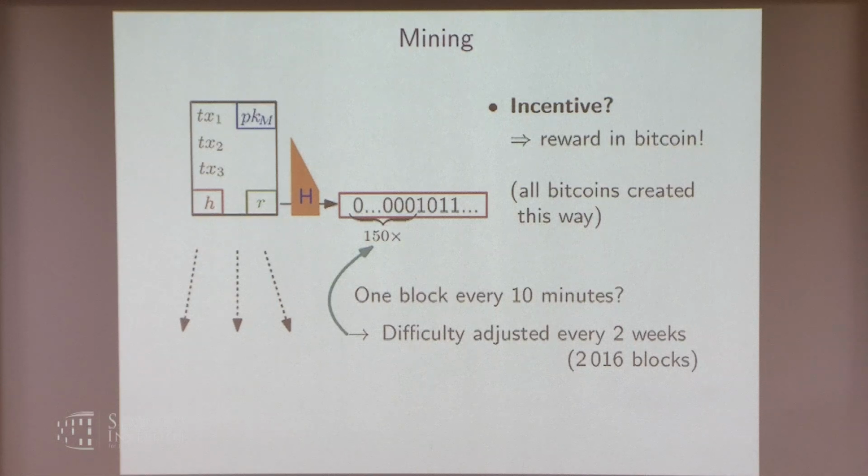Are you checking? Difficulty is 10.18 T. How many hashes is there? 81 exahashes per second. Okay, so it's way beyond tera. Exa is how many tera? 10 to the power of 18. So 81 times 10 to the power of 18 hashes per second.